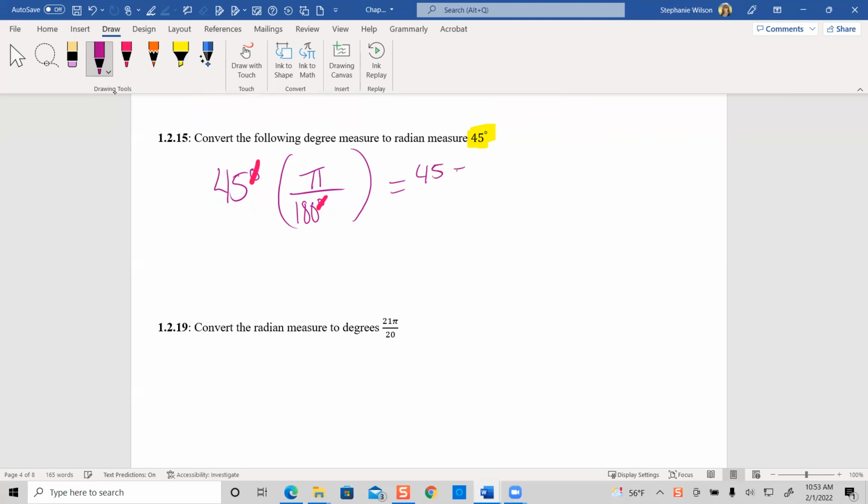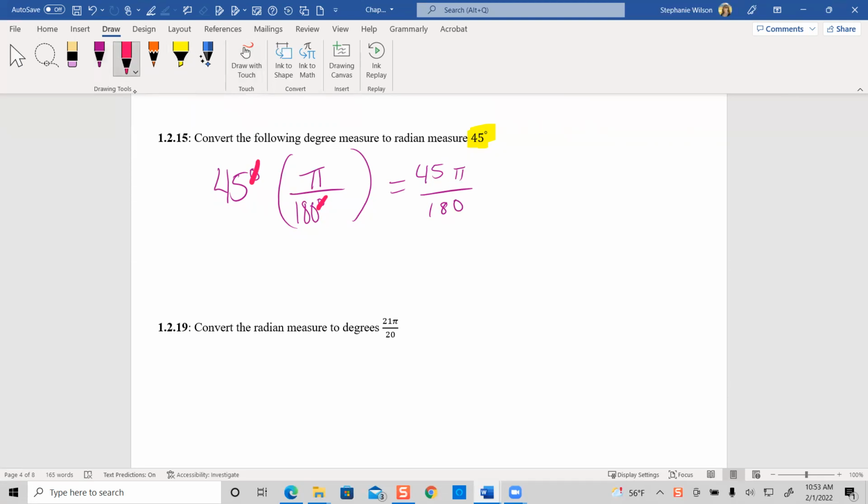I got 45 pi over 180, and we're going to reduce this, right? So let's figure out how many times 45 goes into 180. Let's see, 180 divided by 45 leaves me with 4. So that works out great.